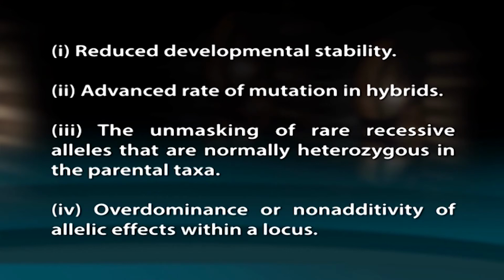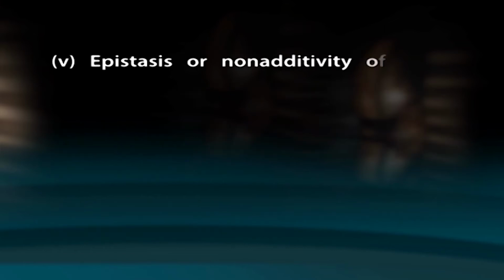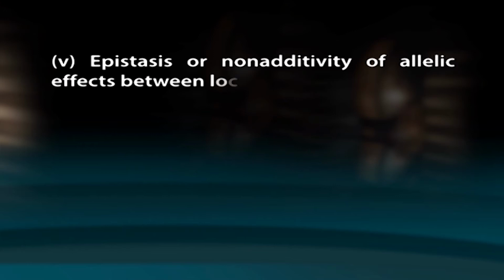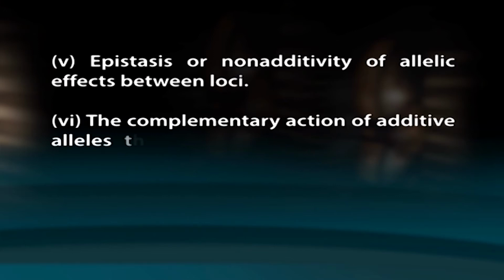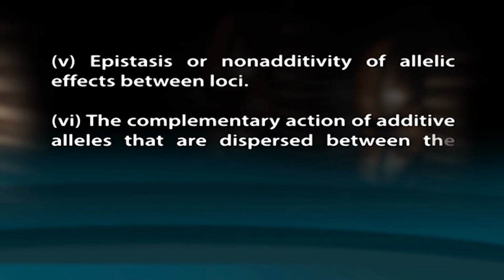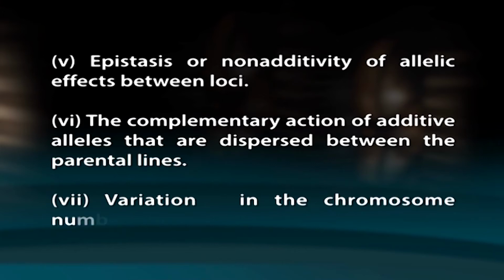Overdominance or non-additivity of allelic effects within a locus, 5. Epistasis or non-additivity of allelic effects between loci, 6. The complementary action of additive alleles that are dispersed between the parental lines, and 7. Variation in the chromosome number.